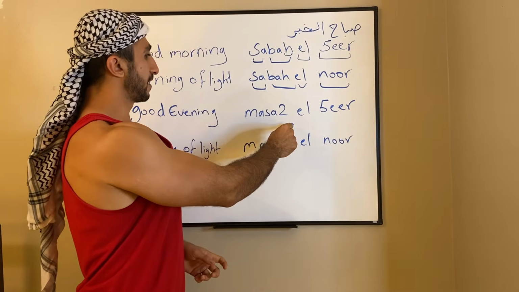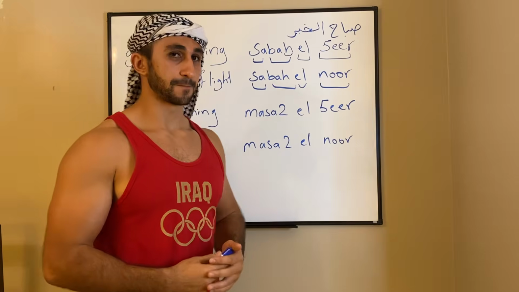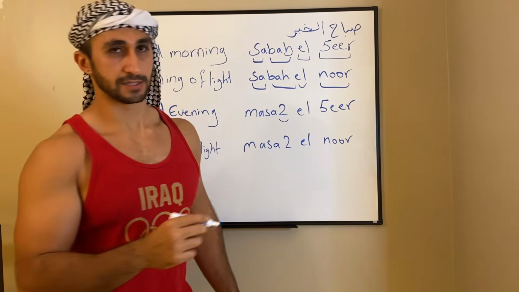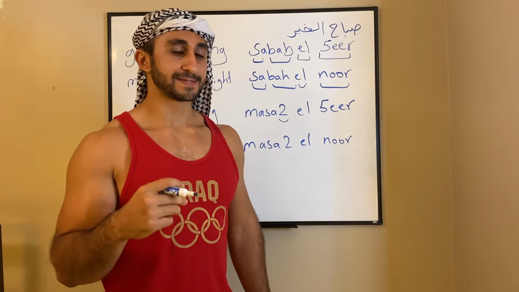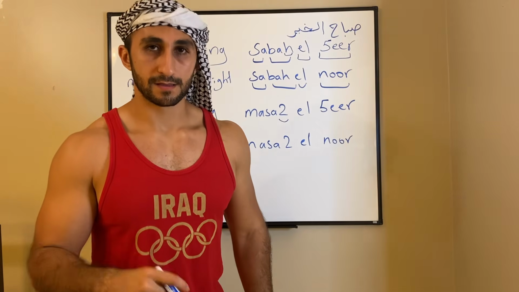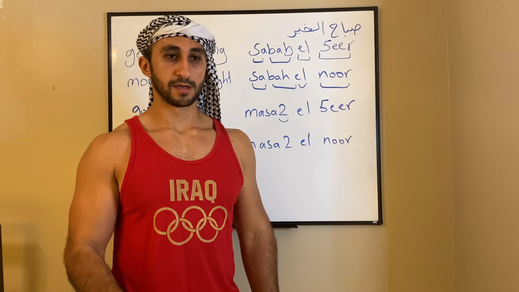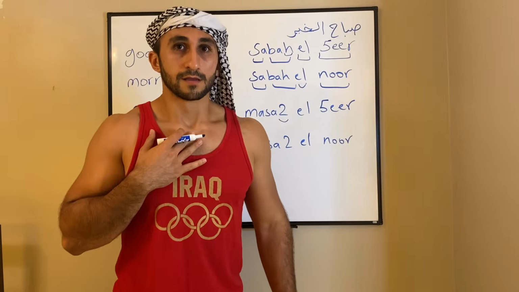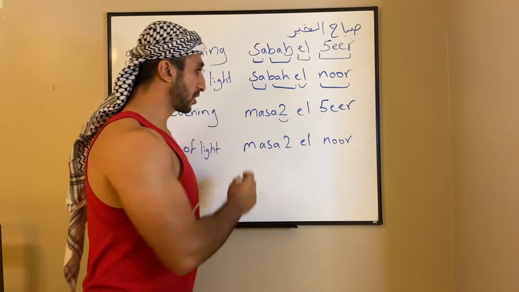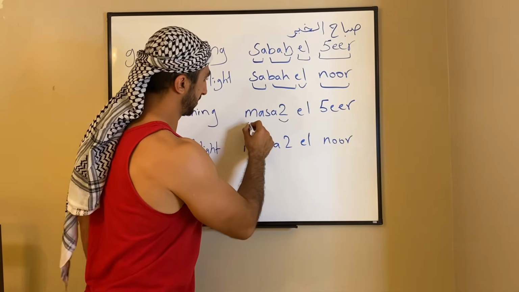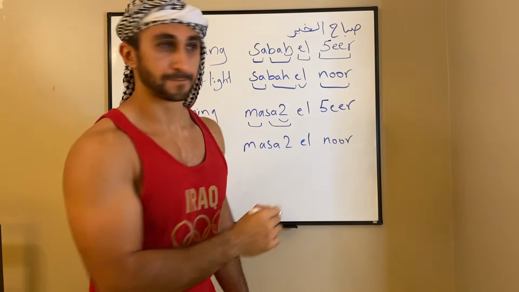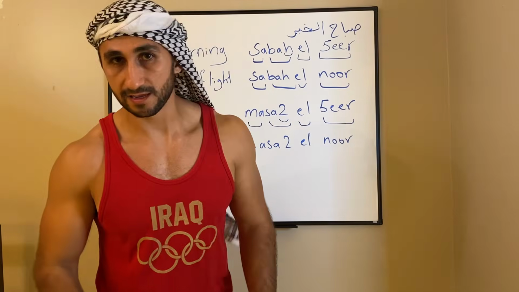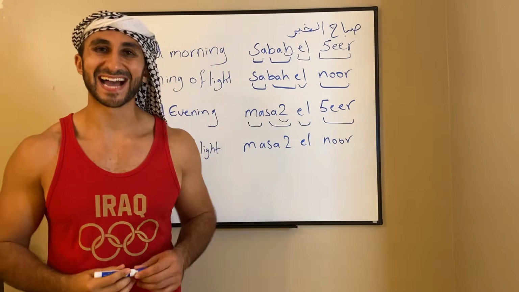Now the third one is good evening. We say masa, where this is the sound that's like you're kind of choking. So you have masa el khair, the same as sabah el khair.